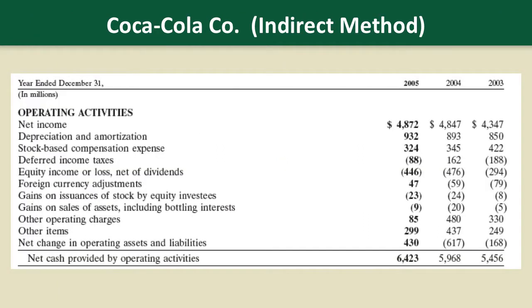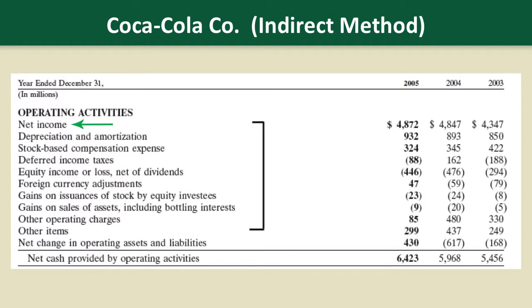The next example is Coca-Cola's statement of cash flows prepared under the indirect method. We'll only look at the operating activities section. If you prepare the operating section under the indirect method, we start with net income. This is the number we see from the income statement. And then after that line, we have all these adjustments.